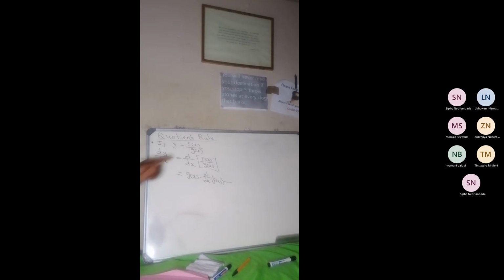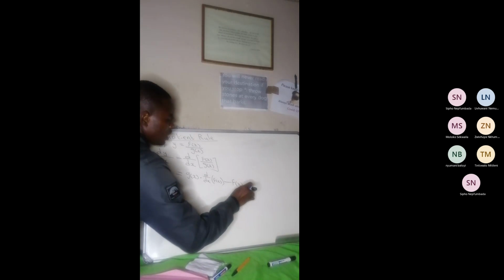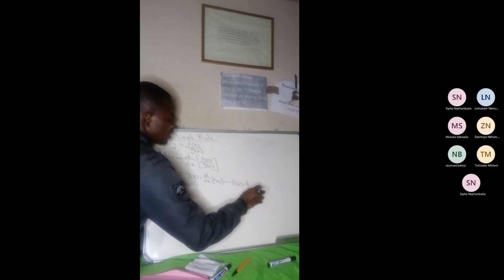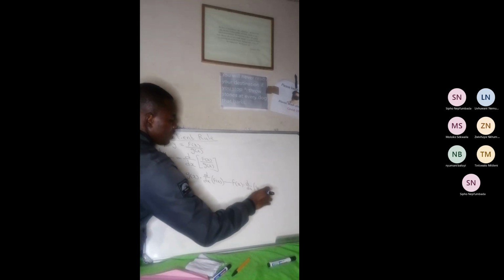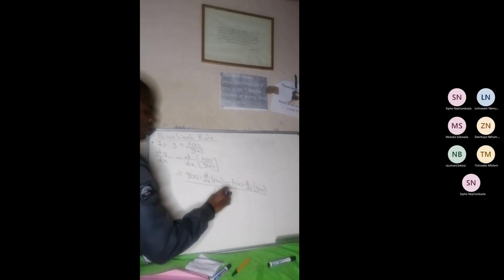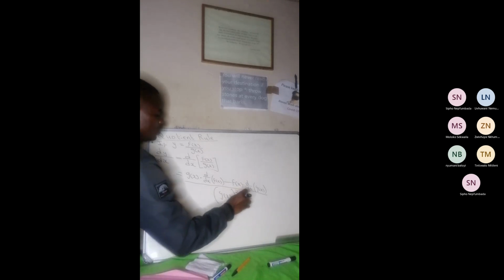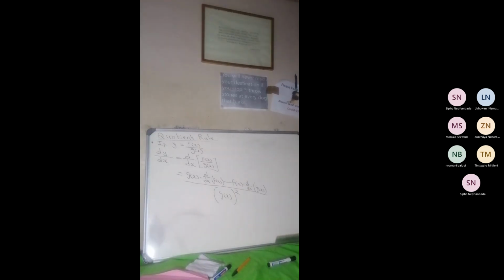Now we copy the one on the numerator, we derive the one on the denominator. We've got f at x multiplied by d dx of g at x. We divide everything by the denominator raised to the power 2. This is what we call the quotient rule.